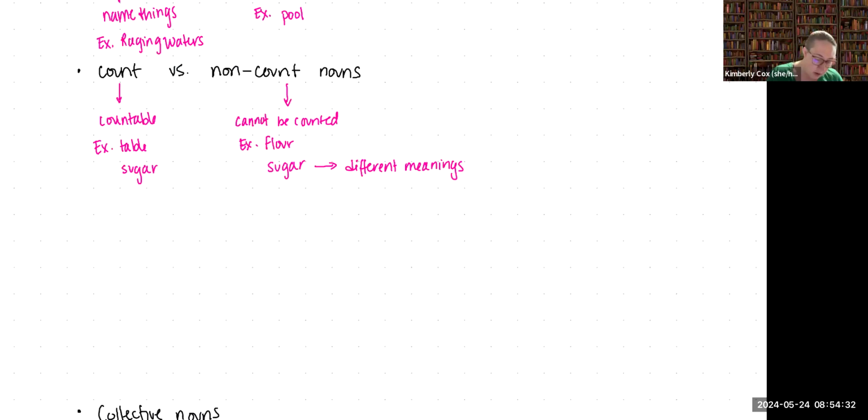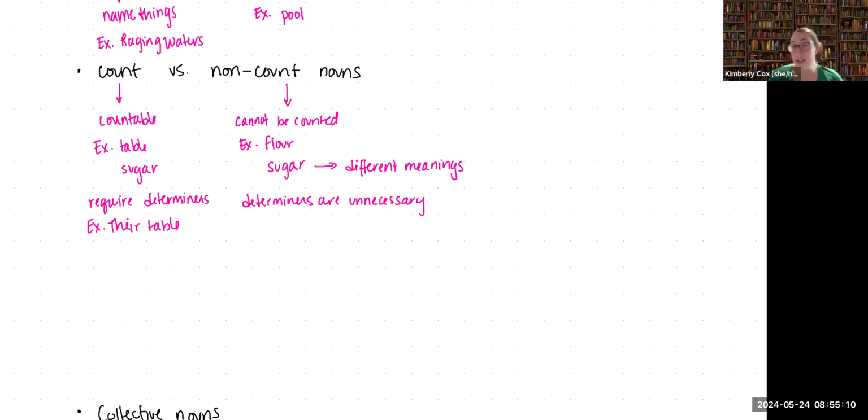With countable nouns, they require determiners, especially when they're singular. With non-count nouns, determiners are unnecessary. Okay. So for instance, I might say, their table, right?